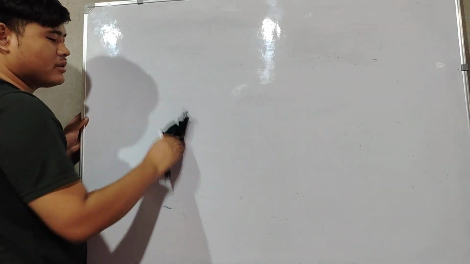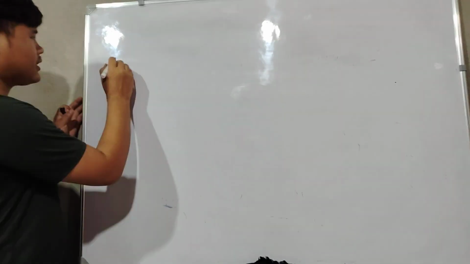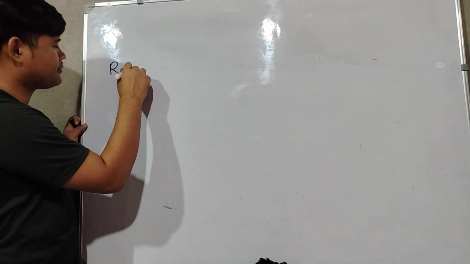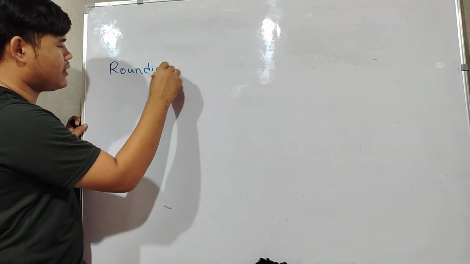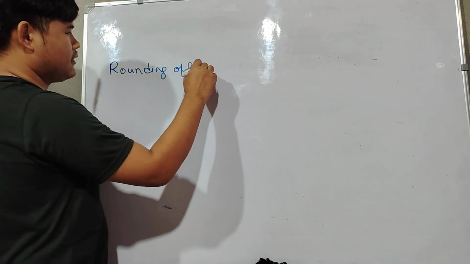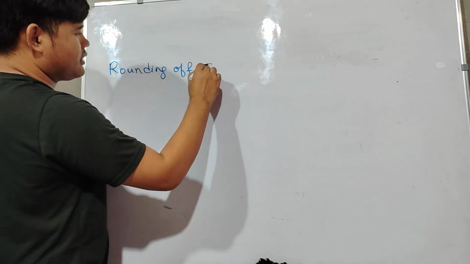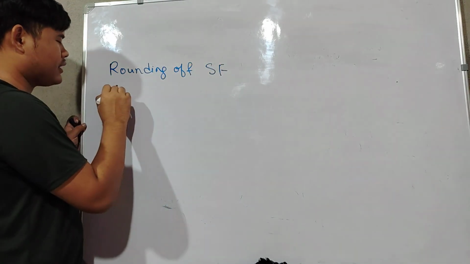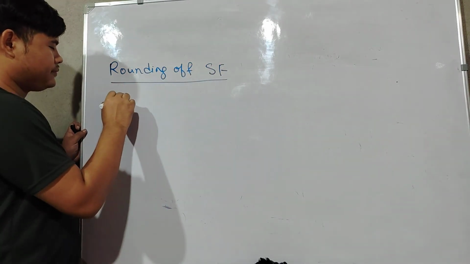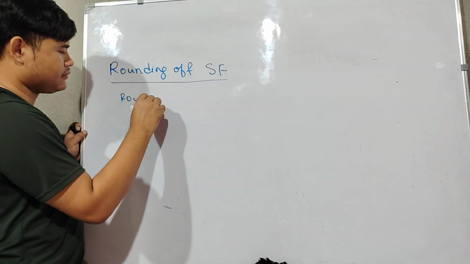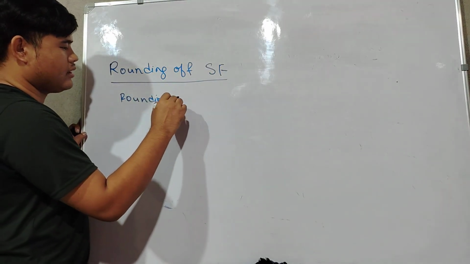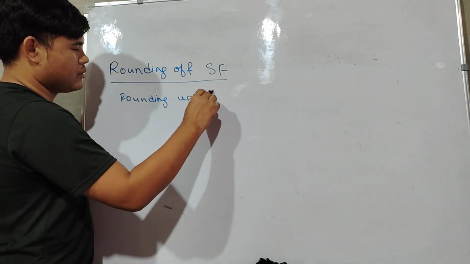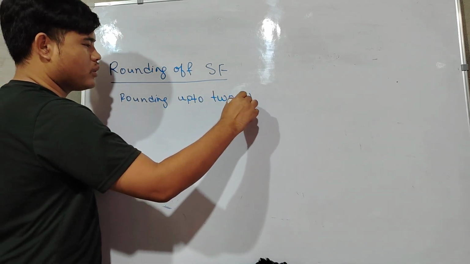So we'll round off the figures up to 2 significant figures. Rounding of significant figures up to 2. We will do up to 2 only.